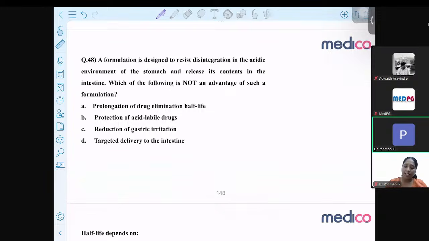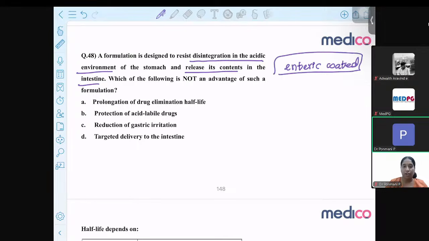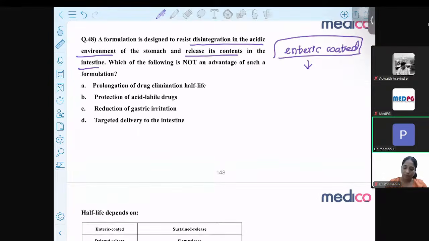A formulation is designed to resist disintegration in the acidic environment and release the content in the intestine. What is this drug? This is an enteric-coated drug. Which is not an advantage of this formulation? Please remember, when a tablet is enteric-coated, the half-life is unchanged.